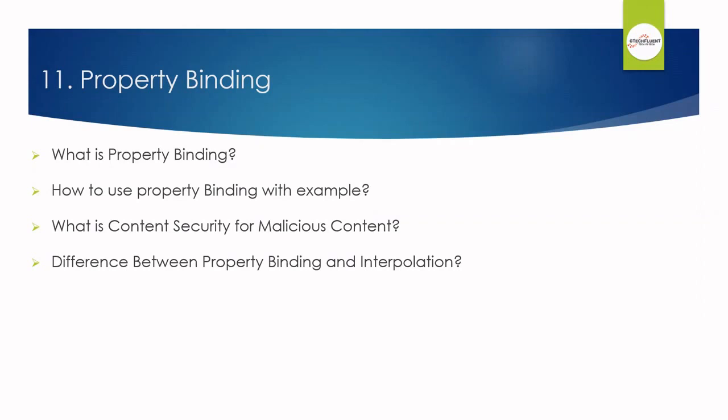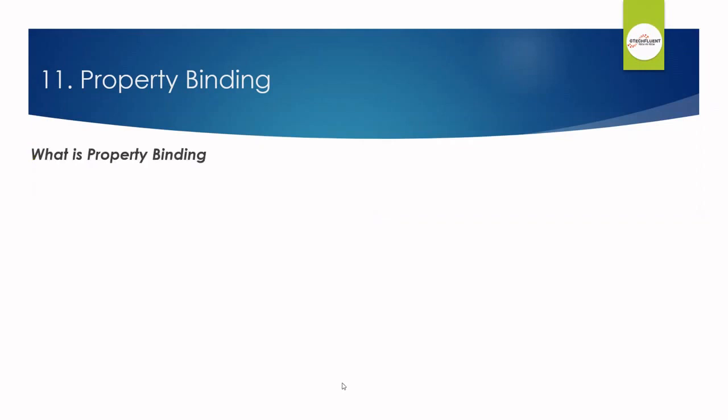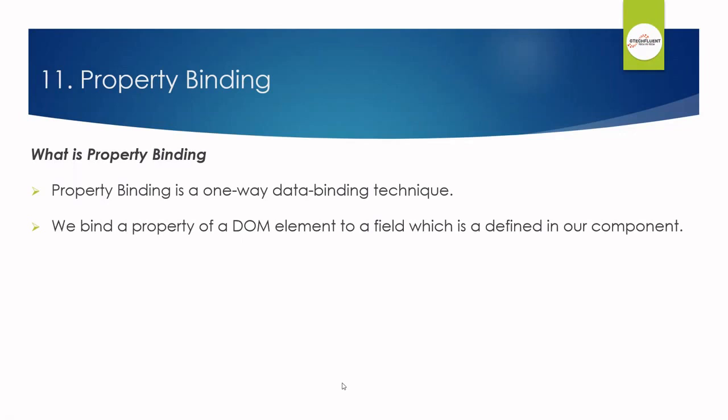So let's start, and first we see what is meant by property binding. Property binding is a one-way data binding technique. As we discussed in our previous video tutorial, string interpolation or Angular interpolation is another way of one-way data binding. In property binding, we bind the property of a DOM element to a field which is defined in our component.